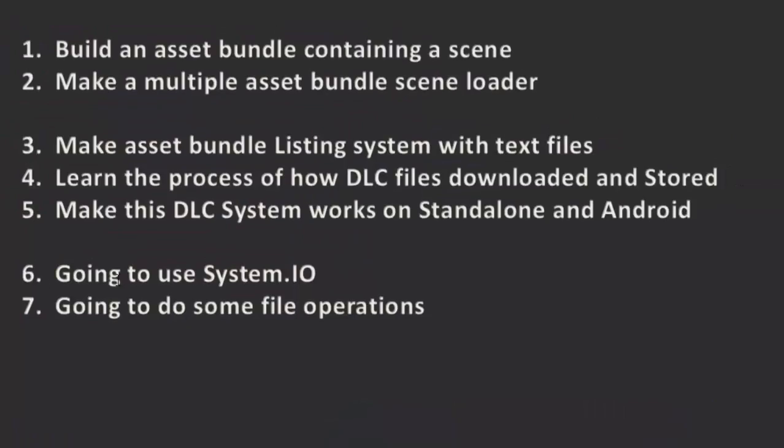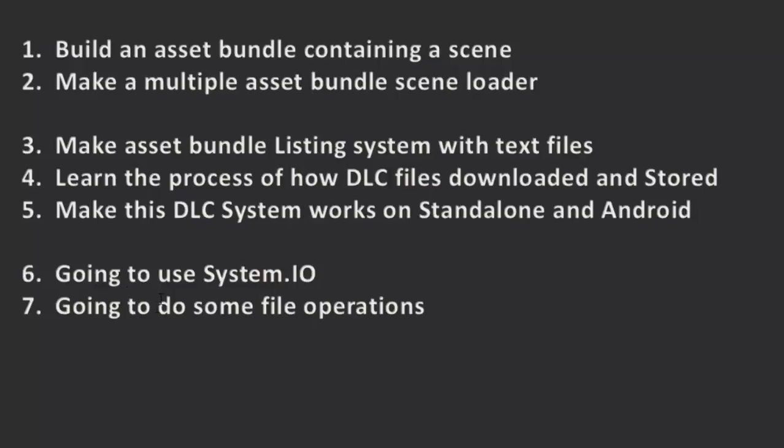So first things first, we will build an assets bundle containing a scene and make a multiple assets bundles scene loader, which I've done before in the previous video. So please watch the previous video to continue with this video.